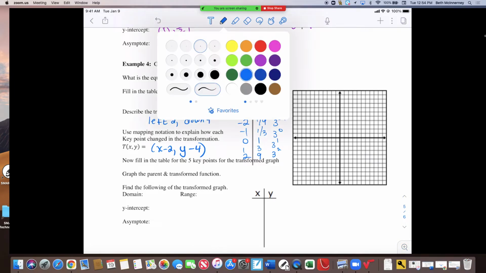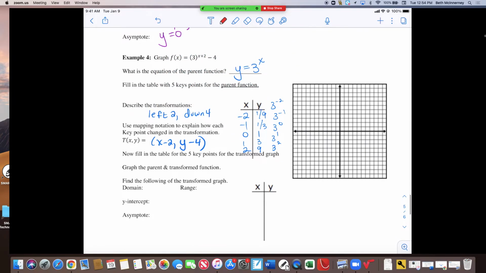All right, so here's what I want you to do. Take every x value that we did. This is why we write out the parent stuff. It helps. So take every single one of them and subtract 2. That's your new x column. Take all the y values and subtract 4.